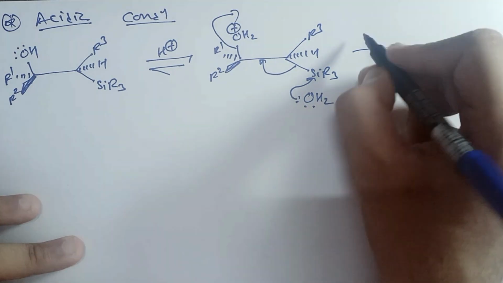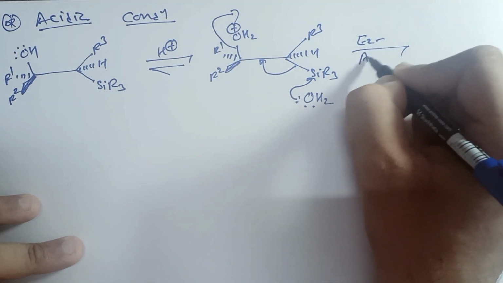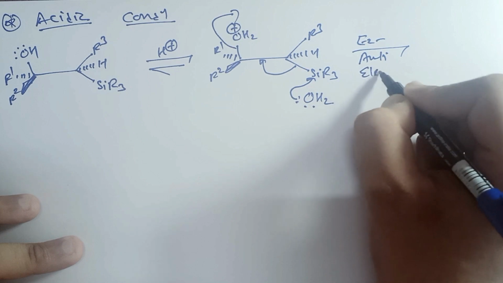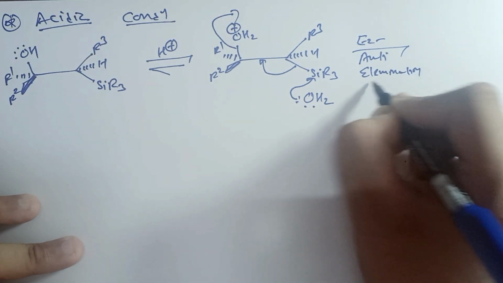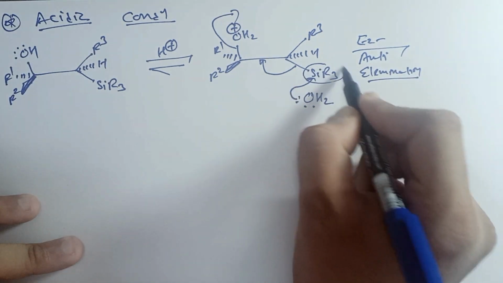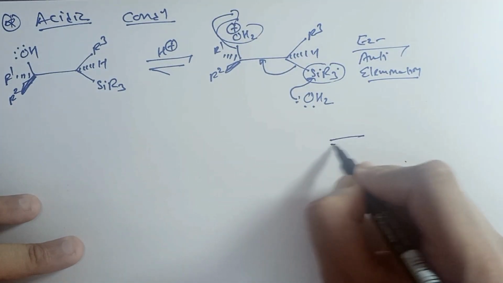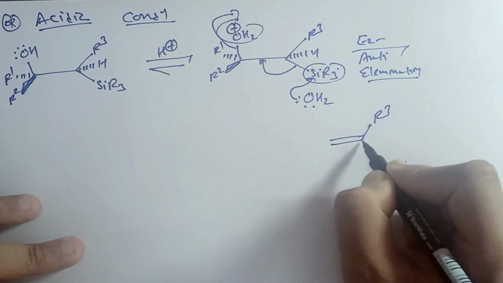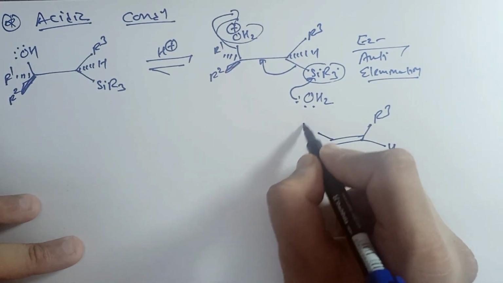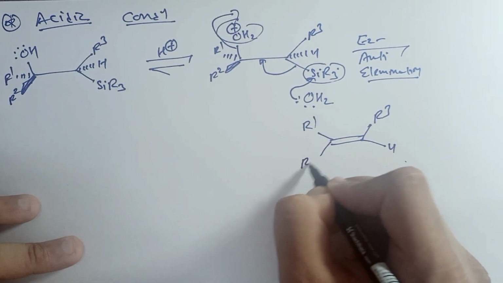This type of reaction is known as an E2 anti-elimination reaction. Why is it an anti-elimination reaction? Because this SiR3 and OH2 are on opposite sides, and here the product we get from the acidic condition is the olefin.